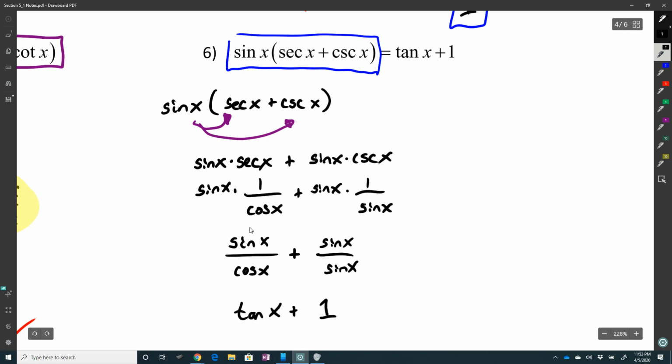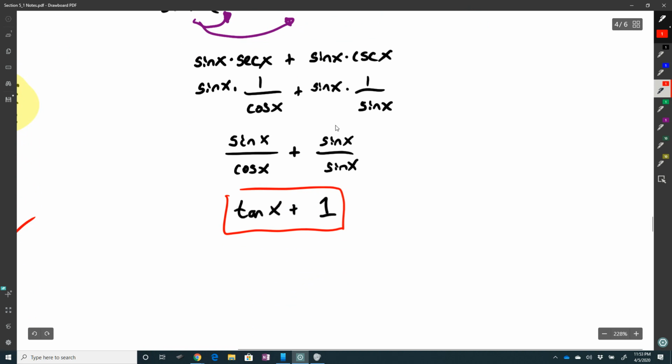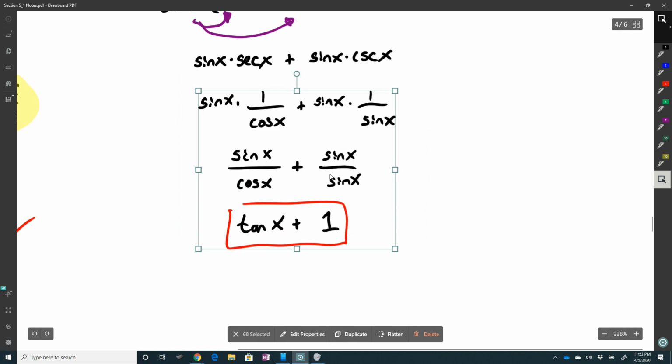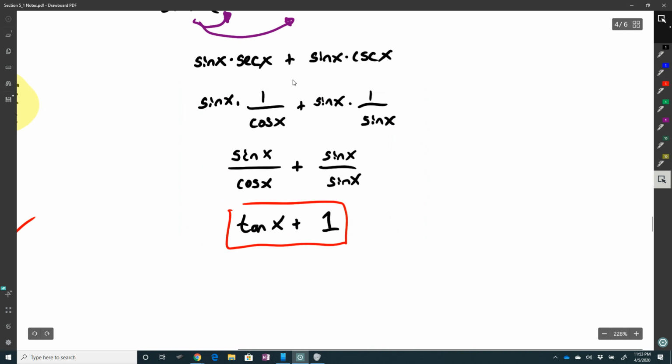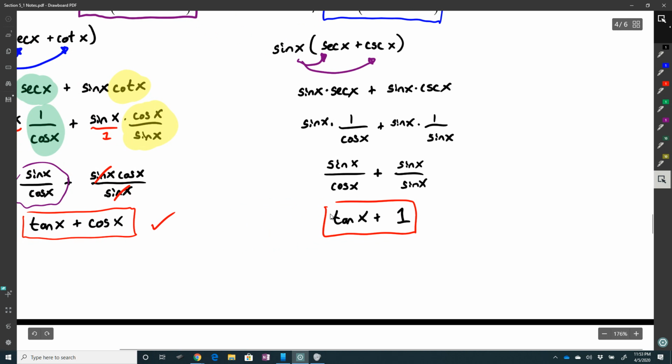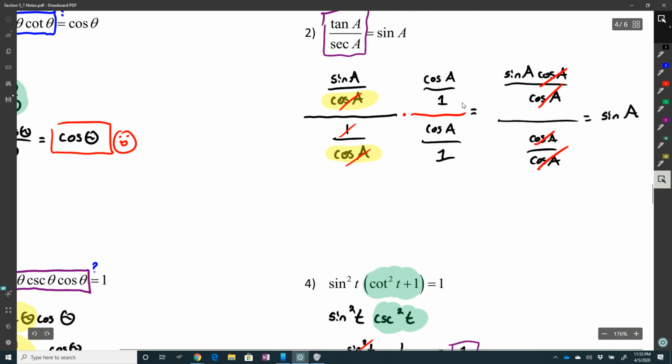Sine x over sine x is 1. And again, what's the confusing part, if you go straight down, your lines tend to get a little crowded. That's the one bad thing about going down, but there you go. All right, so those are the easy ones.